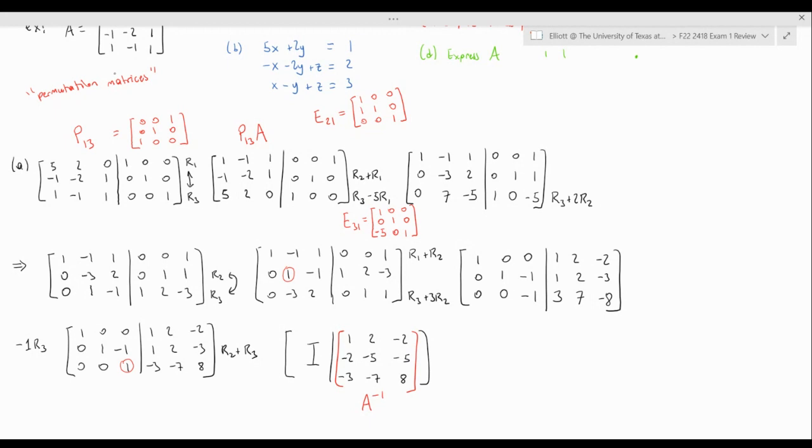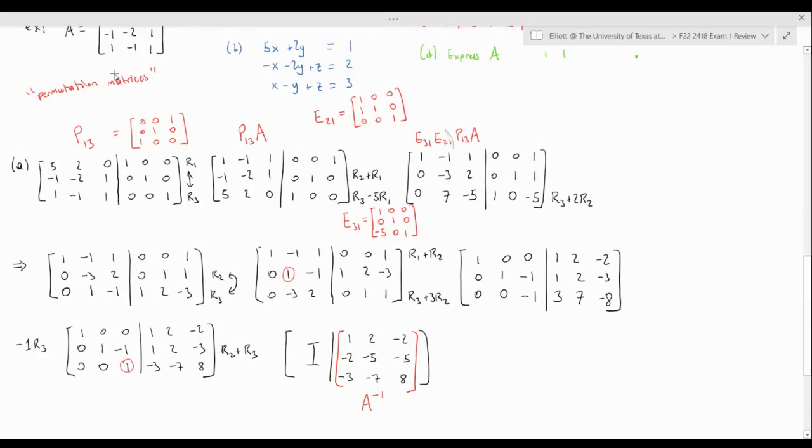So if we take this matrix, which was P13 times A, and then multiply it on the left by E21 and E31, okay?